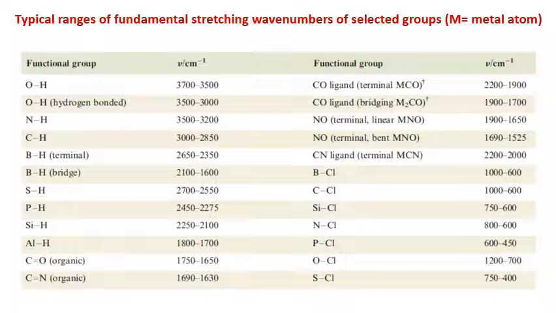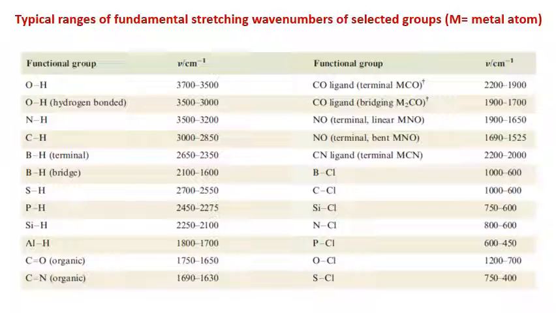Here I will discuss some of the diagnostic absorptions. IR spectra of inorganic and organic compounds can generally be separated into two regions. Absorption above 1500 centimeter inverse can typically be assigned to a specific functional group, while the bands below 1500 centimeter inverse tend to arise from single bond stretching modes, deformation and vibrational modes of the molecular framework.